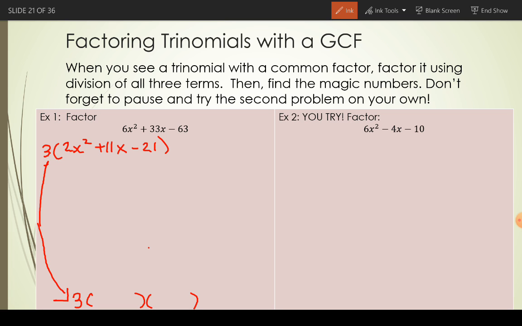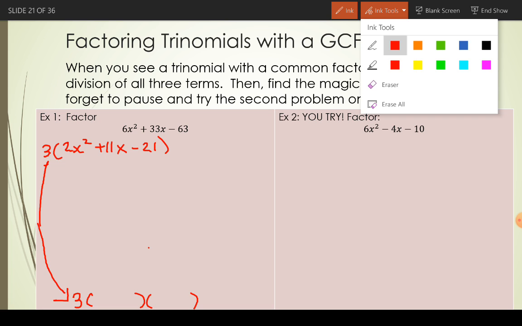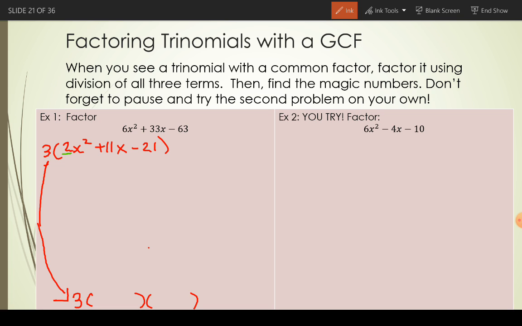Now we need to find two numbers that multiply to a times c, which is going to be negative 42, and add to 11. Let's note here that our GCF was 3, just so we don't forget.